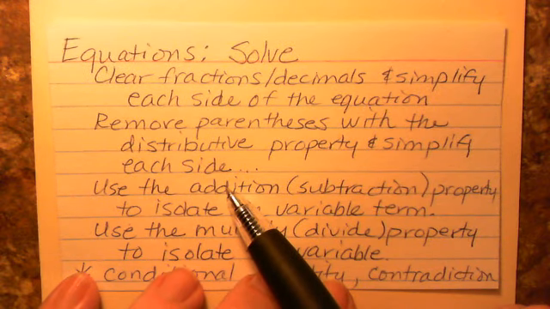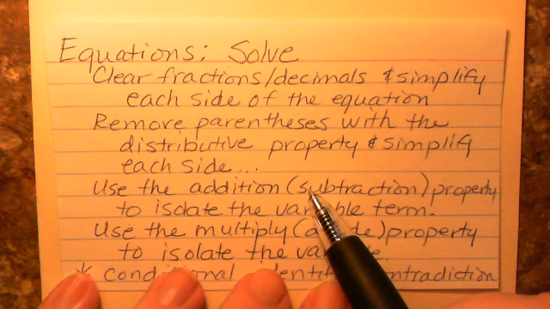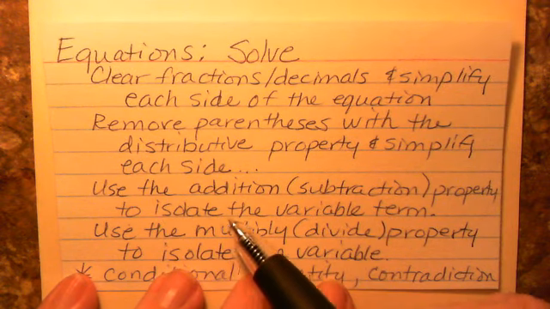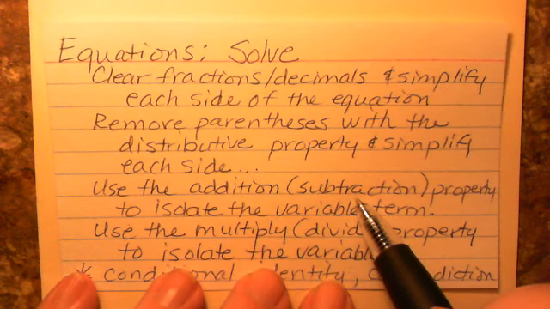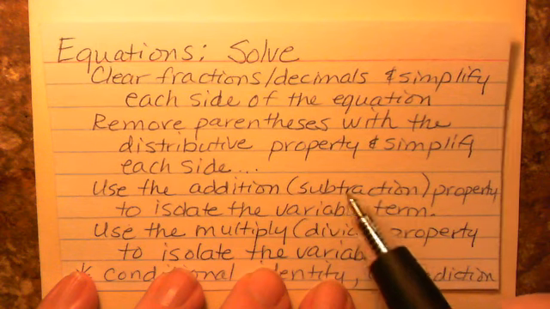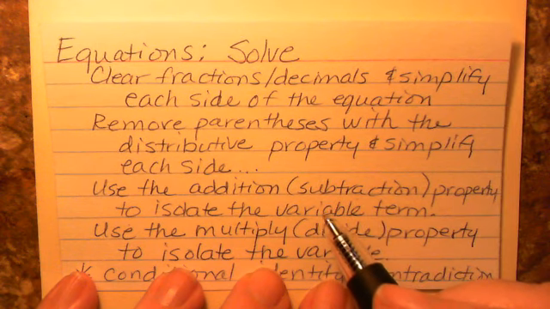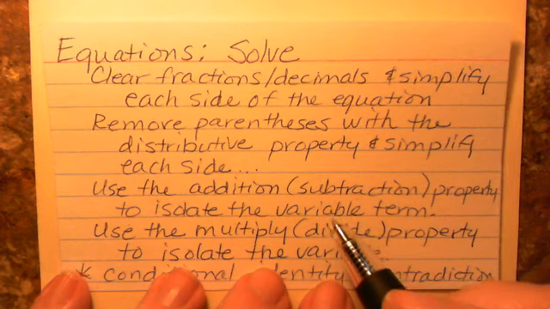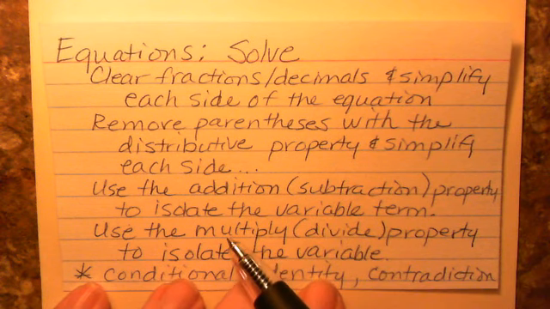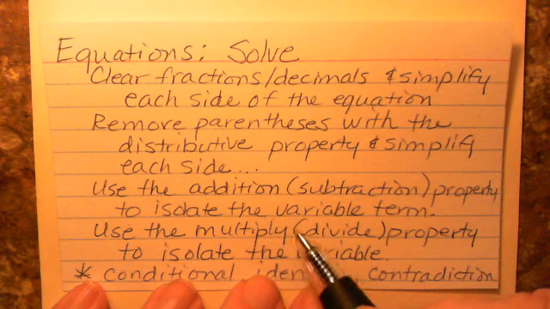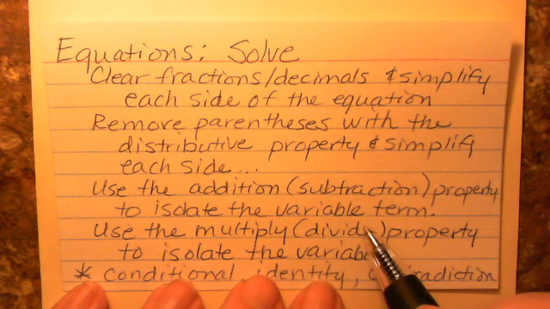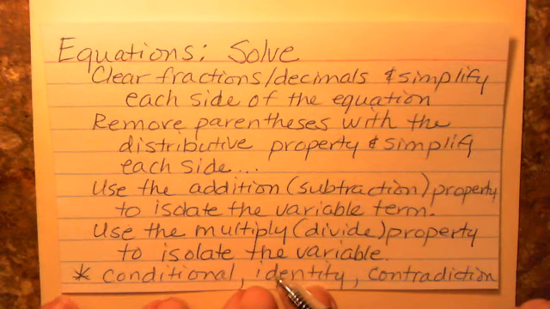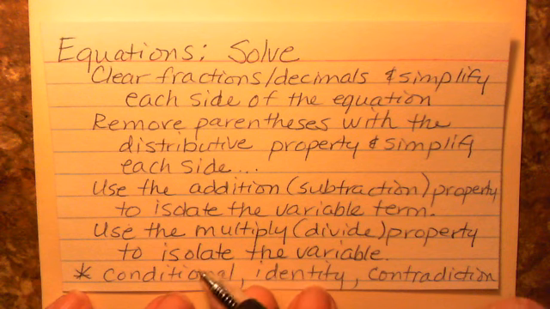Use the addition, which can also be subtraction property, to isolate the variable term. That means get the x term or variable term on one side. And then last, use the multiply principle, and remember that could also be the divide property, to isolate the variable itself.